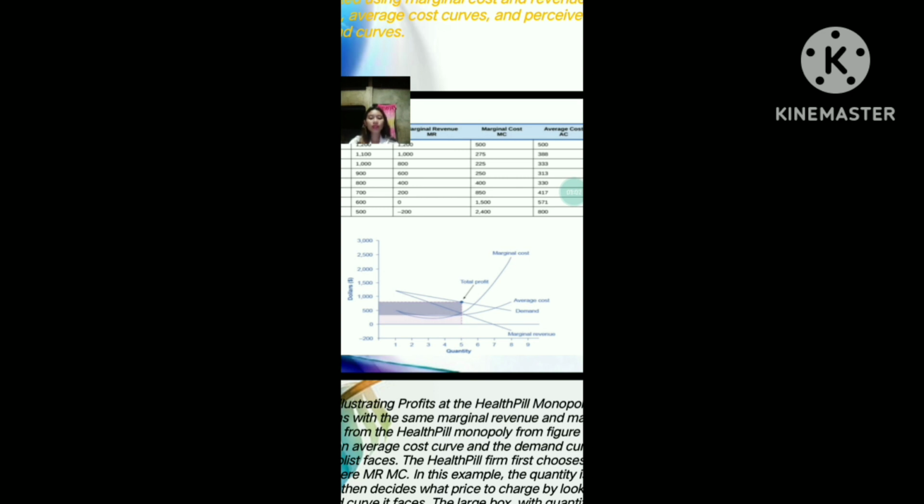So they will take the quantity of 5 where MC is equal to MR, or marginal cost is equal to marginal revenue, and follow it all the way up until the intersection with the demand curve.